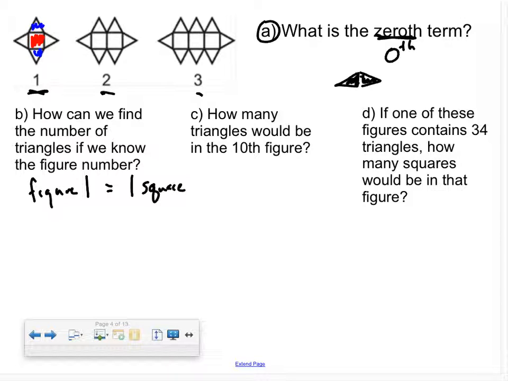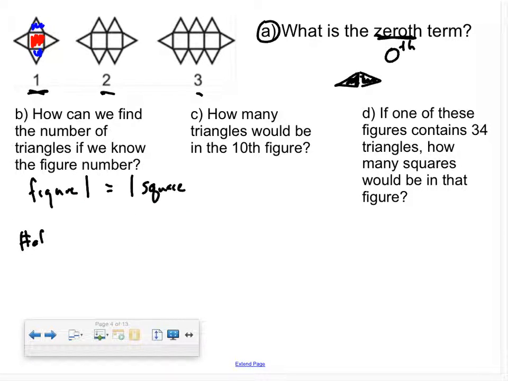And we can figure out the number of triangles using the number of squares. Sorry.